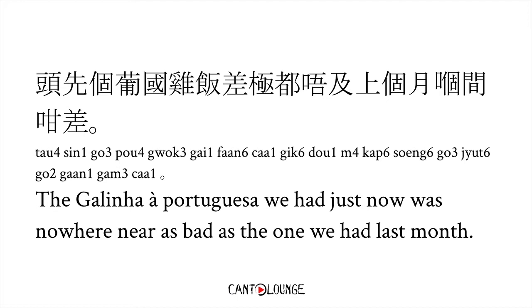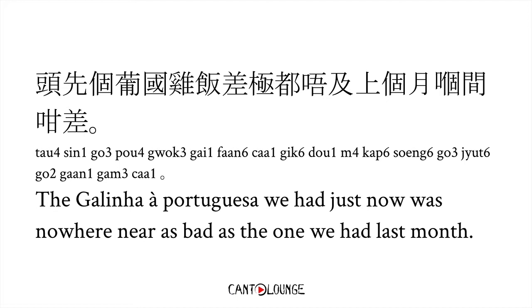Okay, so let's break this down and do a side-by-side translation. 頭先個葡國雞飯, so the galinha portuguesa that we just had, right? 頭先, just had. 差極都, so that's where the pattern comes in. No matter how bad it was, it wasn't as bad as 上個月嗰間, as the one we had last month.